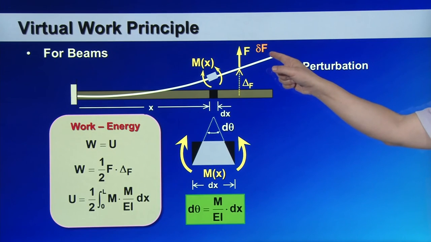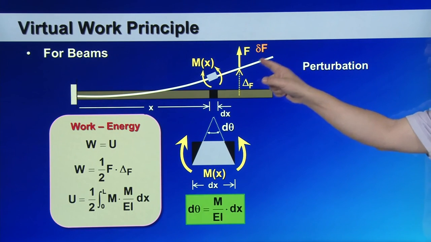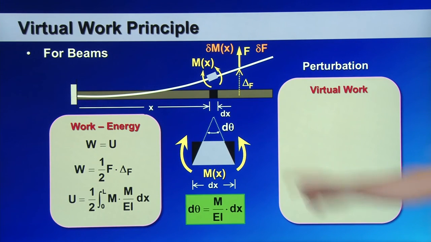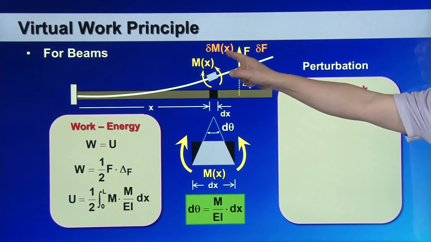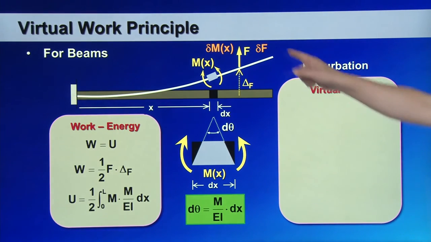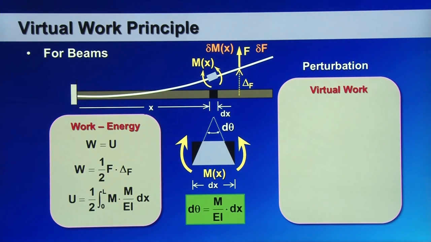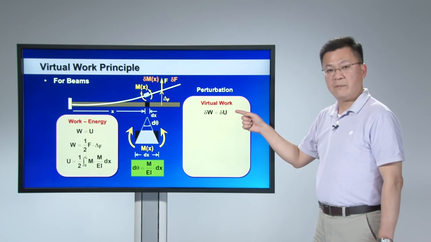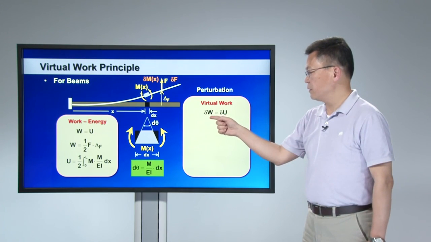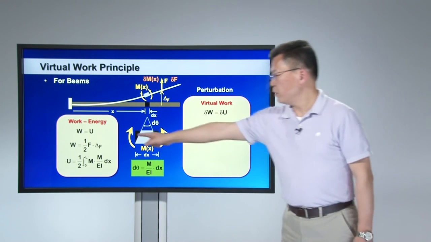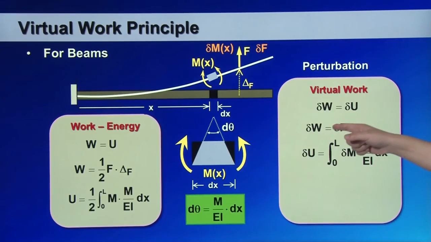Such an imaginary force is going to cause additional bending moment inside the structure. This is the imaginary bending moment developed inside the beam due to the imaginary force, delta F. According to the virtual work principle, the virtual work is going to be equal to the virtual strain energy. The virtual work is delta W equal to delta F times delta.